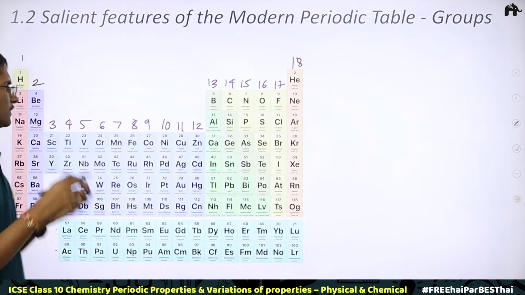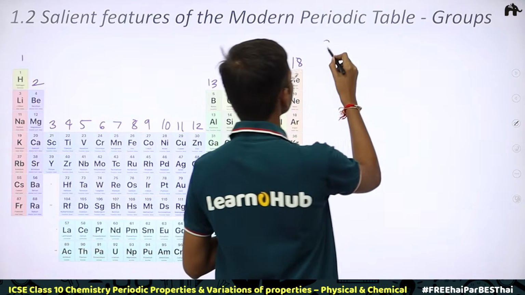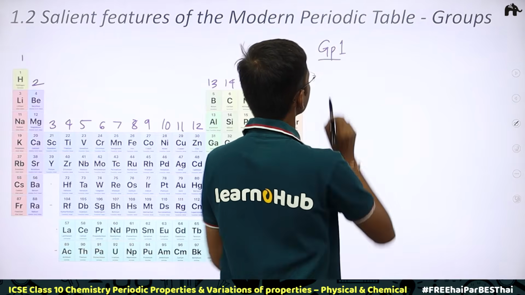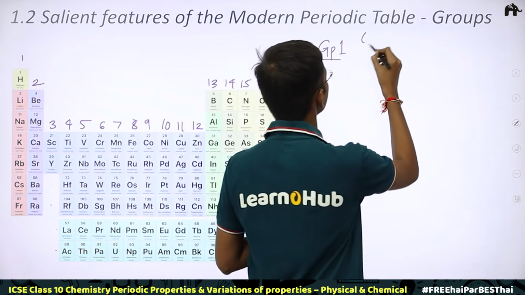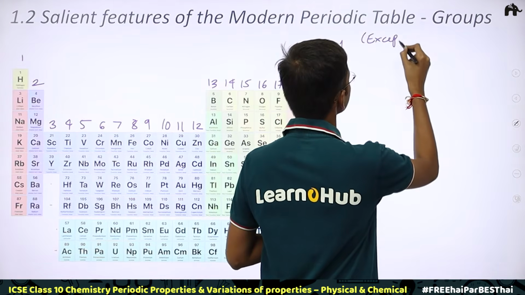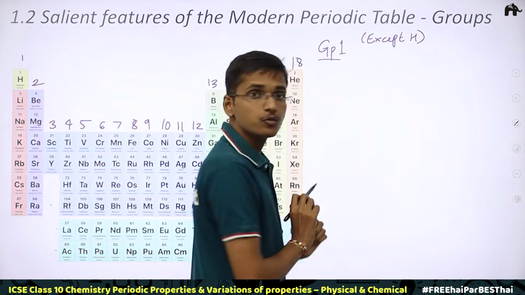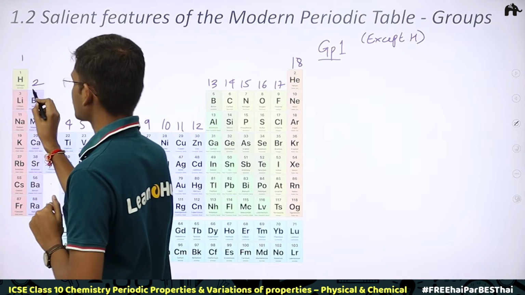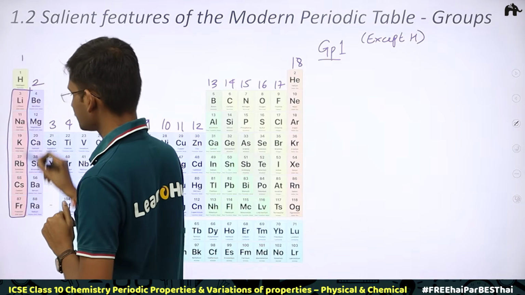So starting from group 1, the elements which are placed in group 1, except hydrogen, are lithium, sodium, potassium, rubidium, cesium, francium.